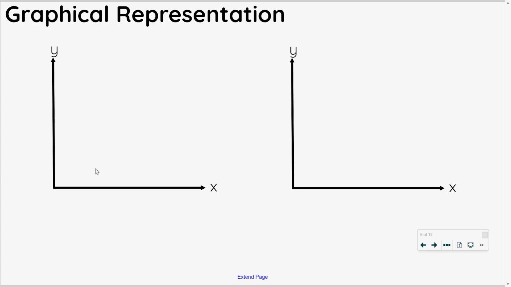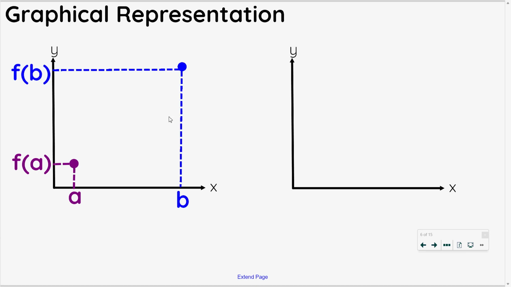Let's look at this graphically, what we're talking about. So say I have some x value a and the corresponding y value f(a), and then I have another x value b and the corresponding y value f(b). So if I were to connect these, reading the graph left to right, I would have an increasing function. So let's pretend that's my function. Let's go through the requirements. Number one, f(x) is continuous. Yes, there are no breaks in the graph.